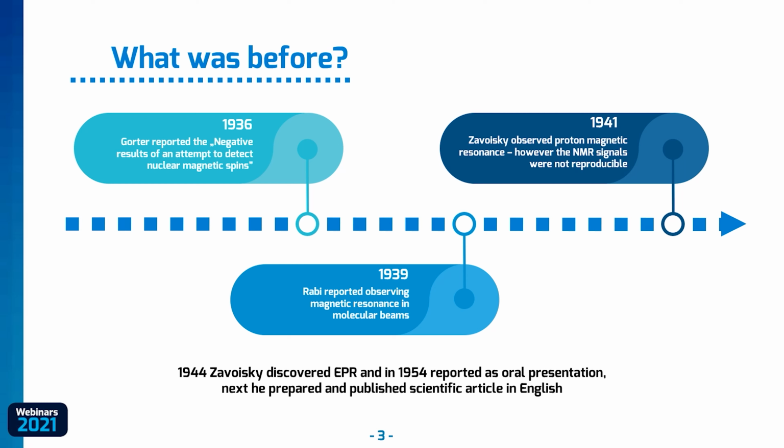However, this result did not discourage other researchers, who nevertheless continued their research. And in 1939, Rabi reported observing magnetic resonance in molecular beams. It should be mentioned that in 1941, Zavoisky observed proton magnetic resonance. However, the NMR signals were not reproducible.